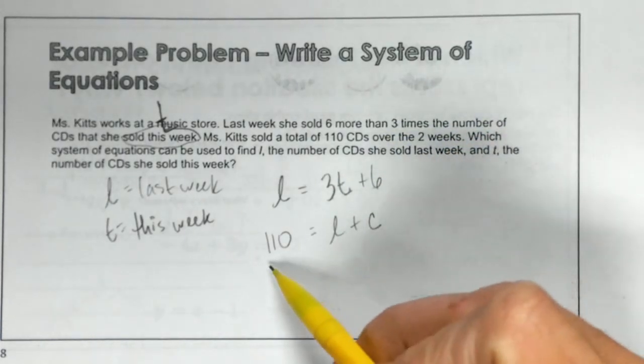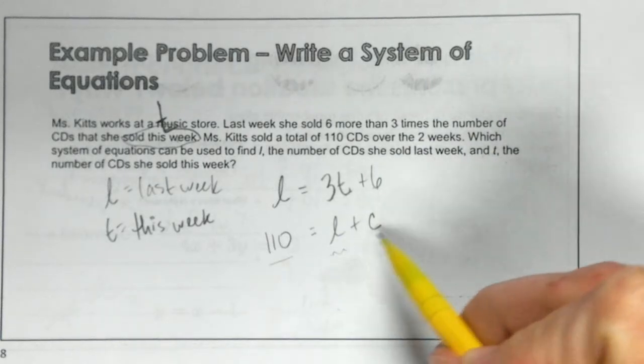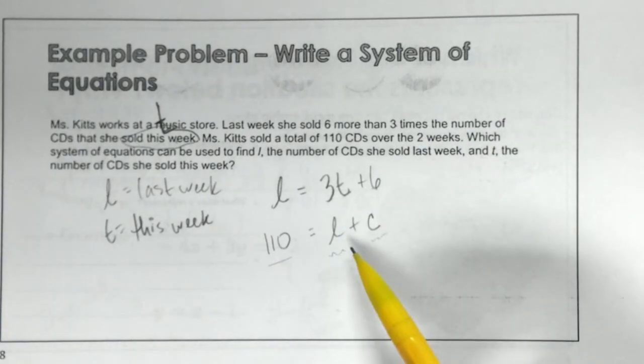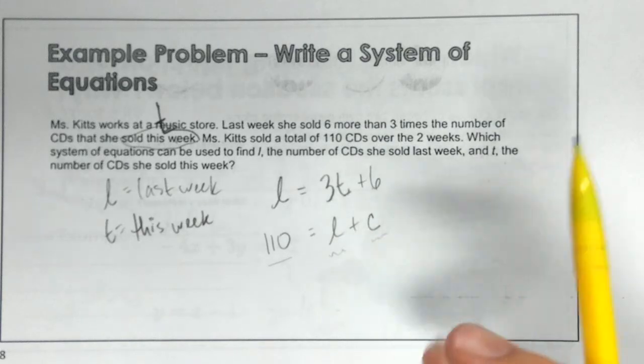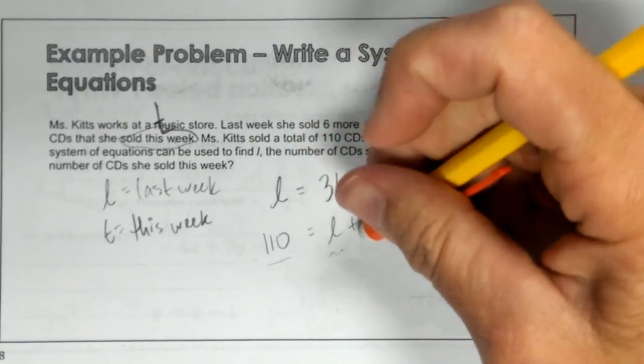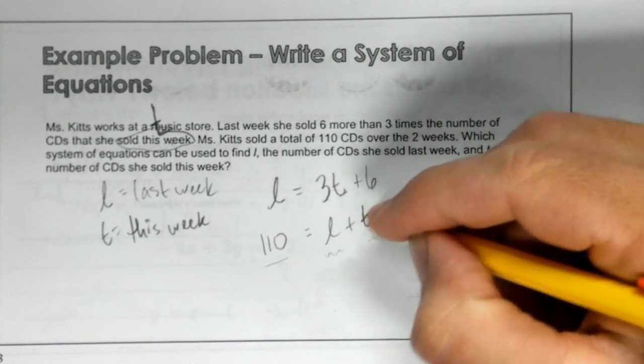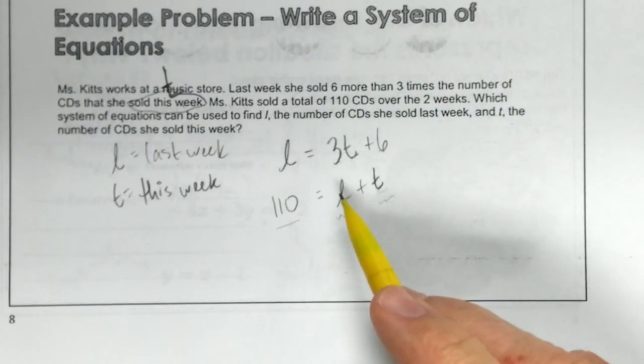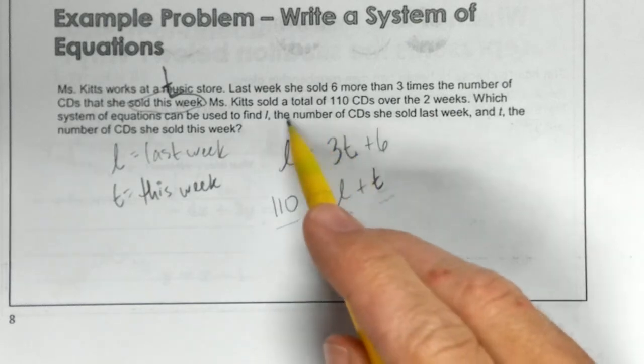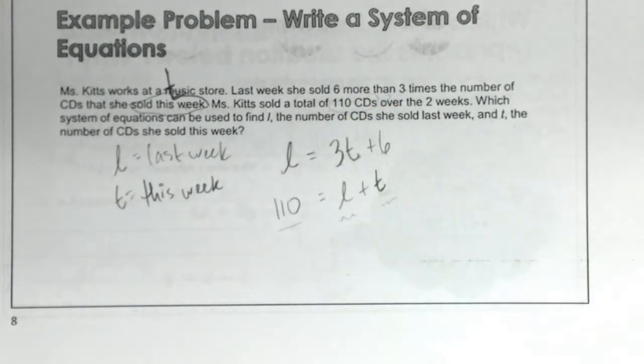How many CDs did she sell? She sold 110 total over the 2 weeks. How do I write that? Last week plus this week. Sorry, that's a T. My fault. The number of CDs she sold last week plus the number of CDs she sold this week is equal to how many? 110. There it is. Bam. There's your system of equations.